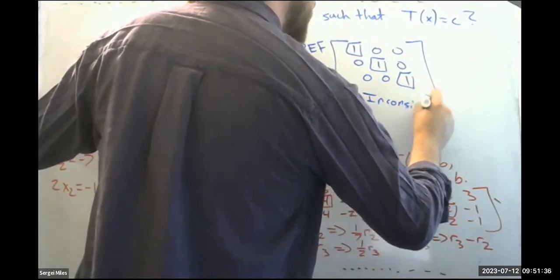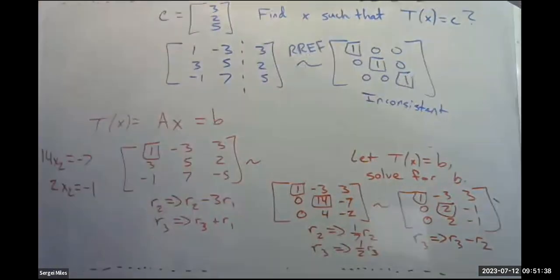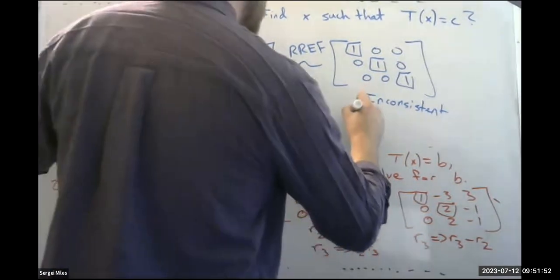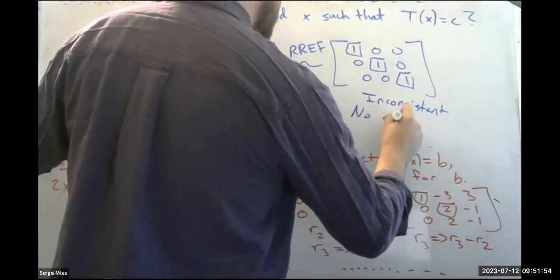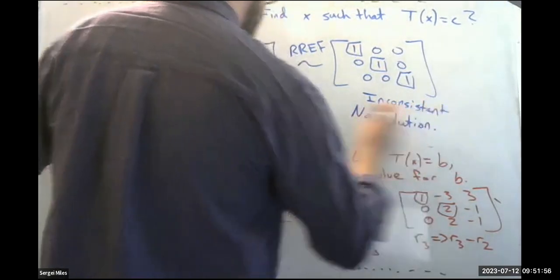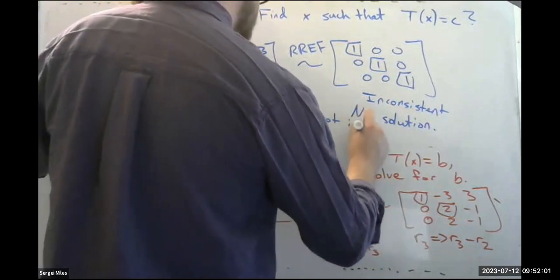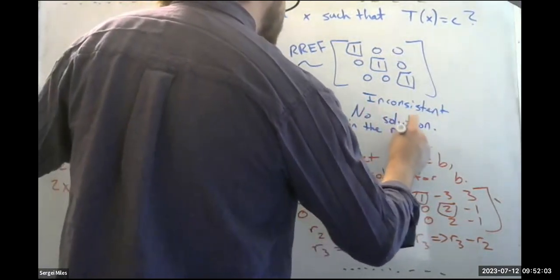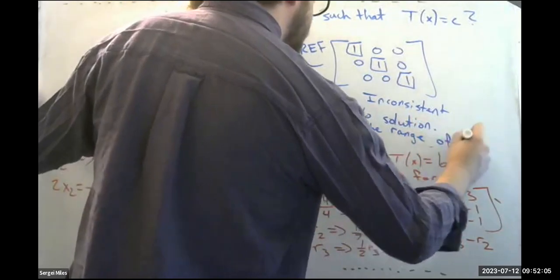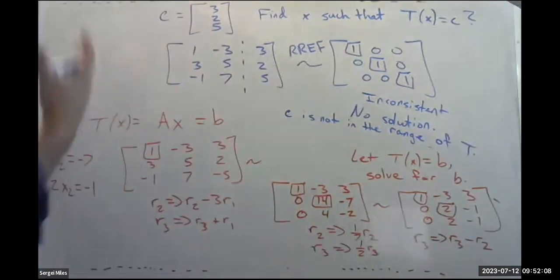And again, this is a vocabulary term we can only use with augmented matrices. If your matrix is not augmented, you can't say whether it's inconsistent or not. So what does this mean? This means there is no solution, right? In other words, c is not in the range of the transformation T. So we have this case.